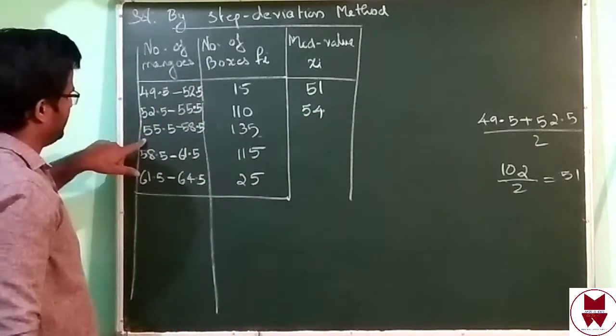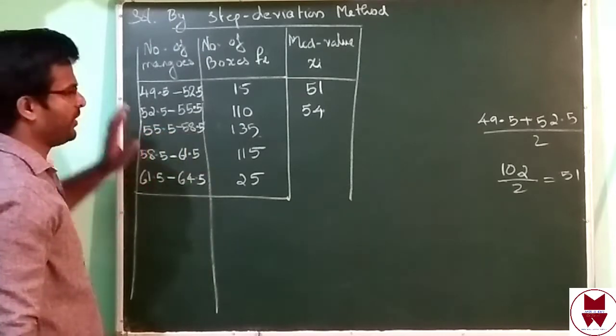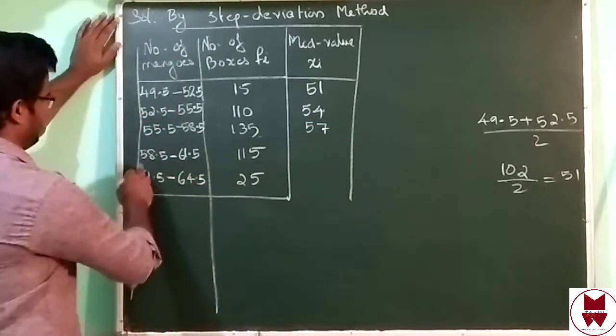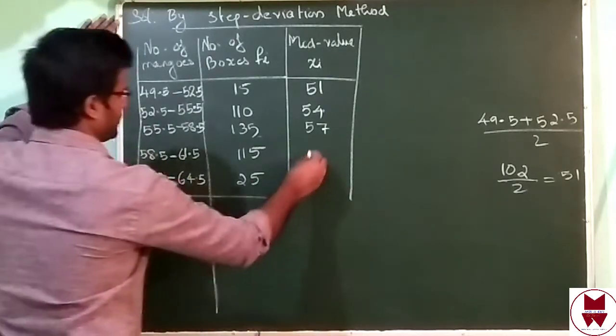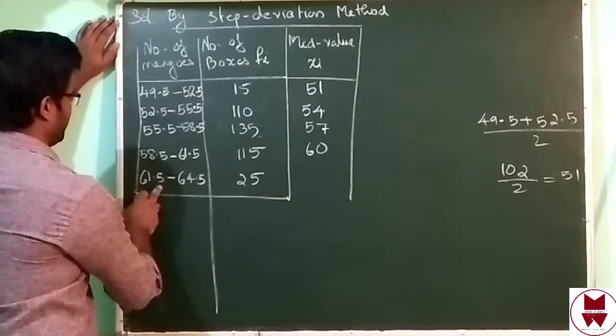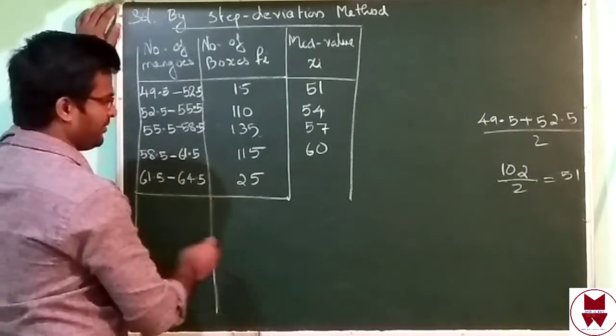Then in between 55.5 and 58.5 is 57. Then 58.5 and 61.5, you will get 60. And 61.5 to 64.5, in the middle, which number?